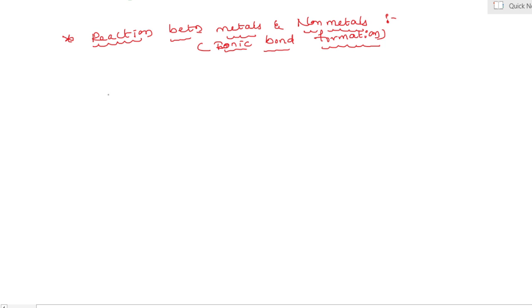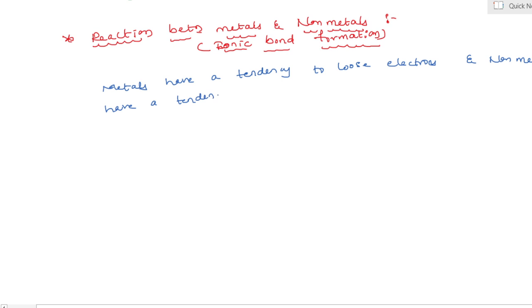First of all, metals have a tendency to lose electrons, and non-metals have a tendency to gain electrons.